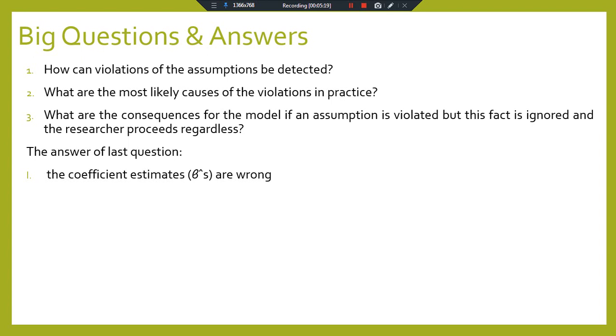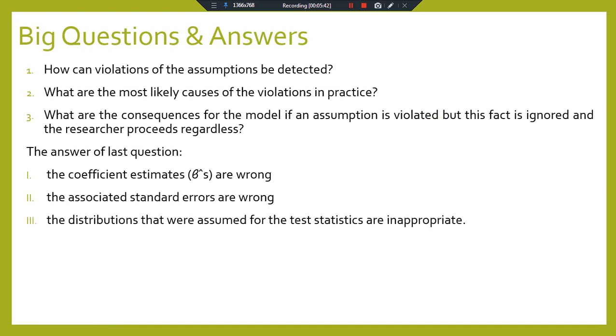Then the coefficient estimates, the estimated betas, will be wrong, and the associated standard errors are wrong. Lastly, the distribution that was assumed for the test statistics is inappropriate.